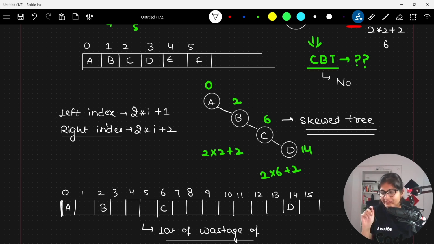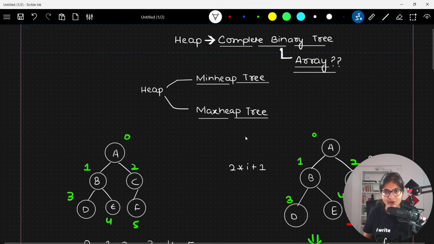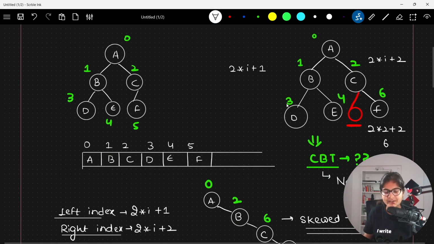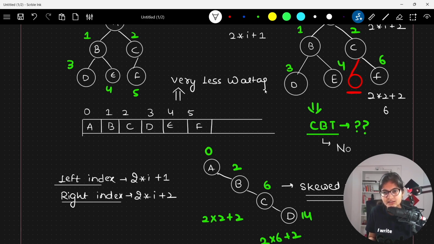Now, one thing that you need to note here is that heap is a complete binary tree. And because it is a complete binary tree, there will be very little wastage of space when we are using an array data structure.